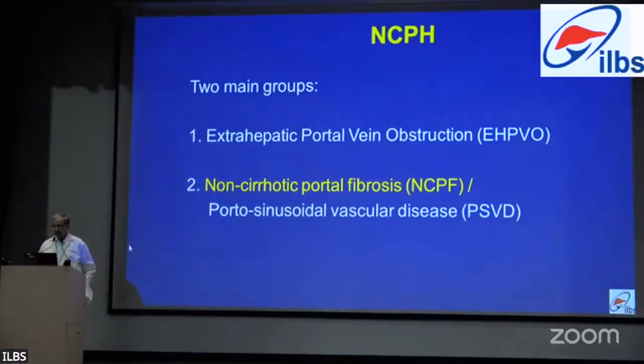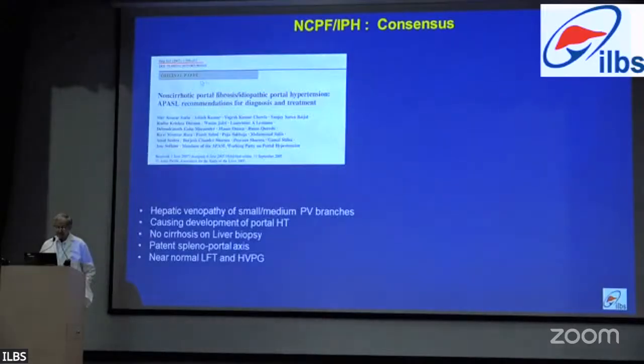So there are two types mainly. One is the extrahepatic portal vein obstruction, outside of the liver, and one is non-cirrhotic portal fibrosis or portosinusoidal vascular disease. So this was the first consensus published in 2007, and it gave 5 characteristics.